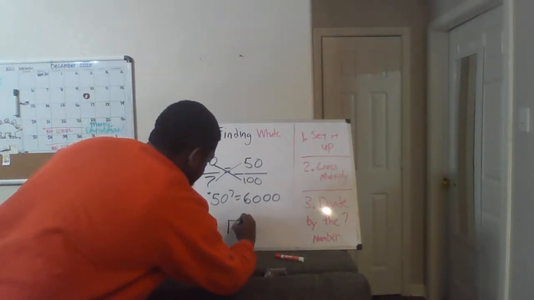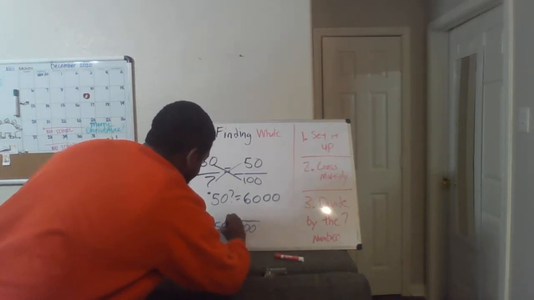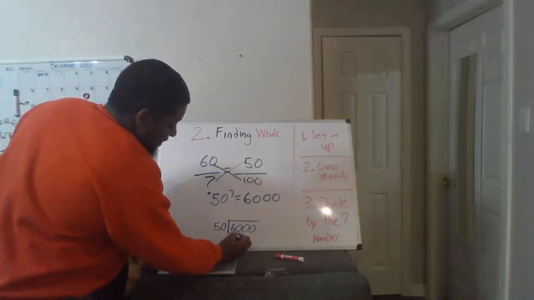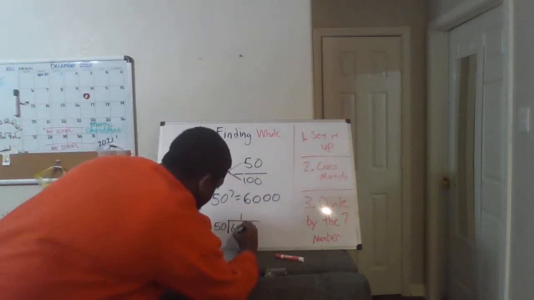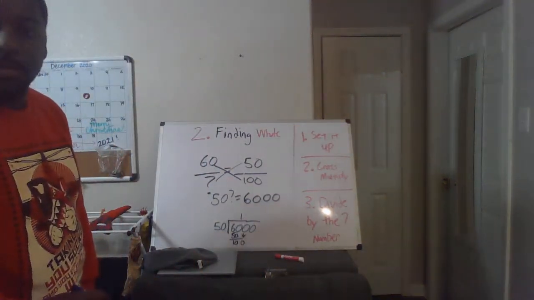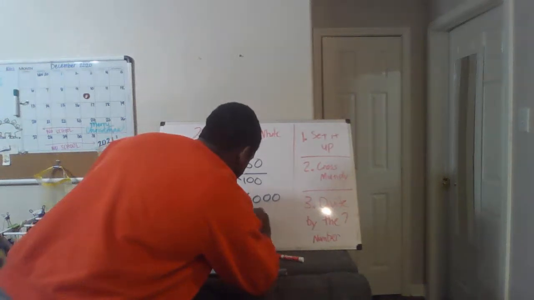So I need to do 6,000 divided by 50. Y'all, you do not need to see how many times 50 goes into the whole number. Take it one step at a time. 50 into 60 is one time. I get 10. I get 100. 50 into 100 is 2 times.